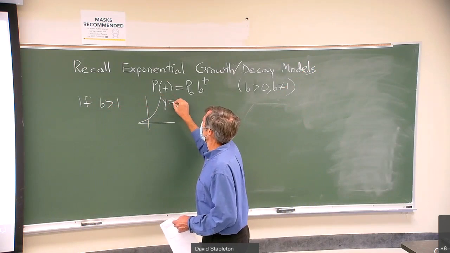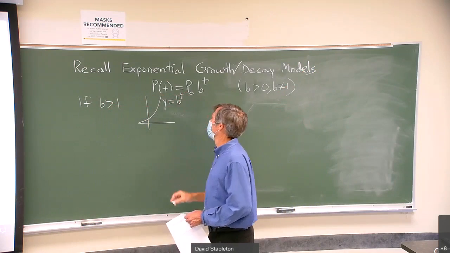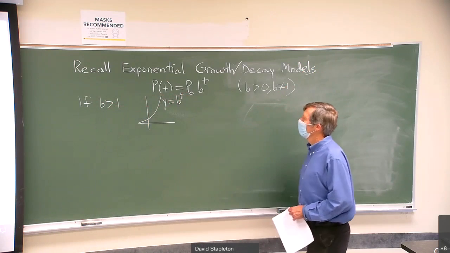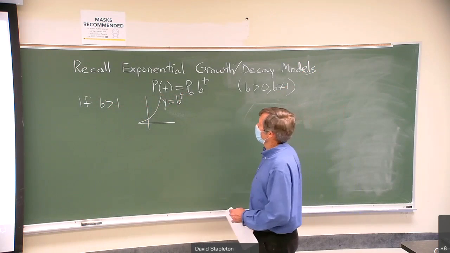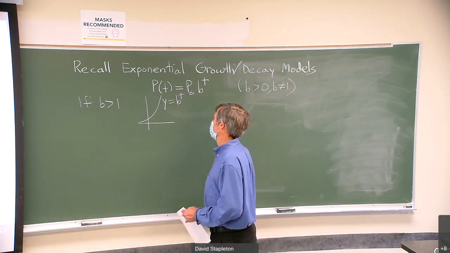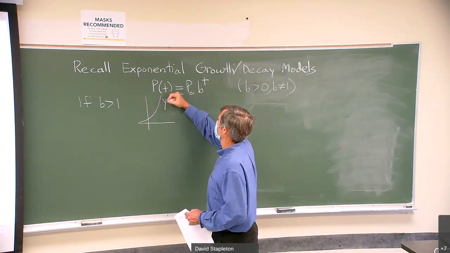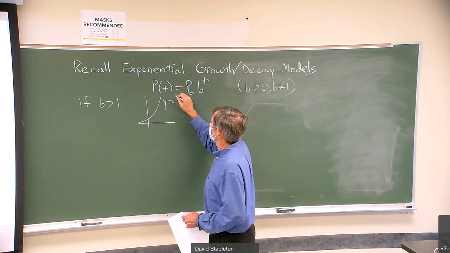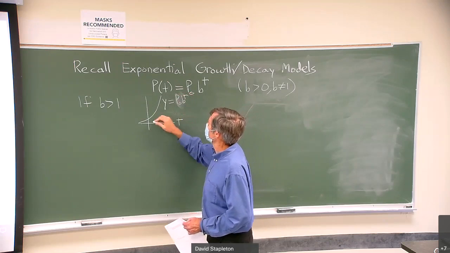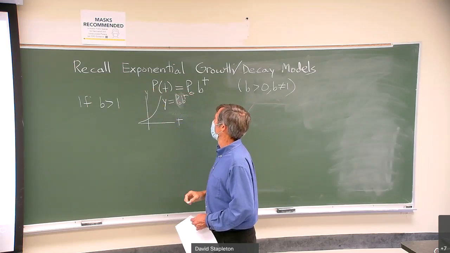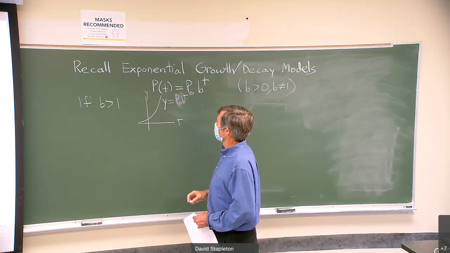Here's y equals b to the t, right? And it can be multiplied by P0, but let's go ahead and put it in. Y equals P0 b to the t can look like that. Here's T and here's Y. And it goes up like this.